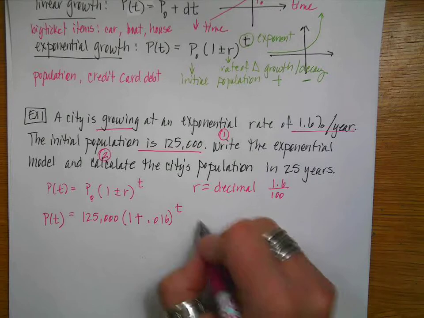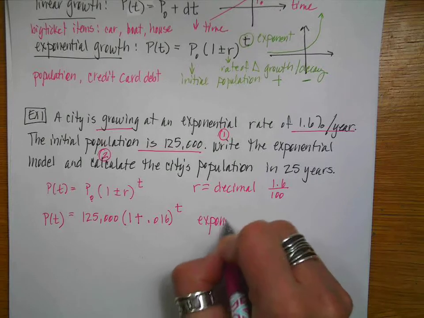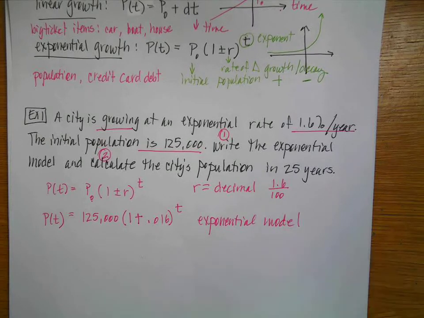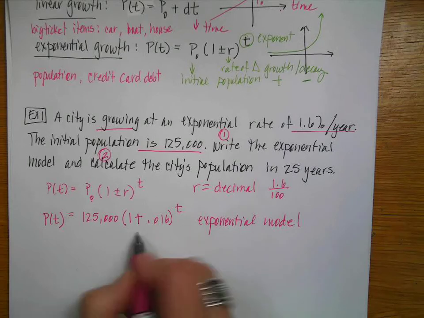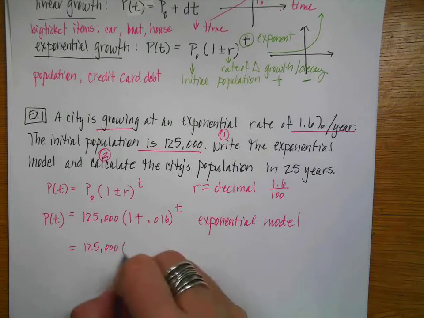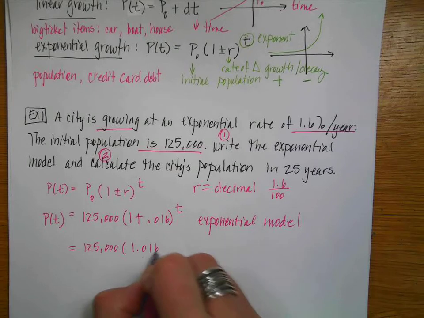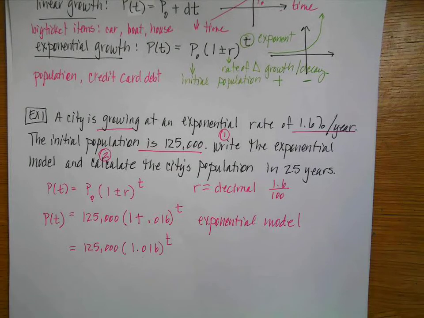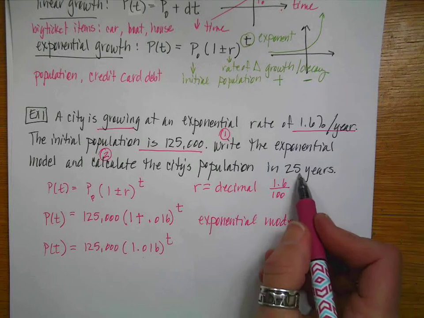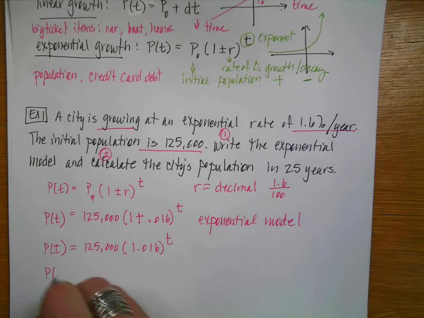And then this is going to be my exponential model. Okay. So now I want to put this into my calculator. So I'm going to do 125,000 times 1.016 raised to the t. There's my model.